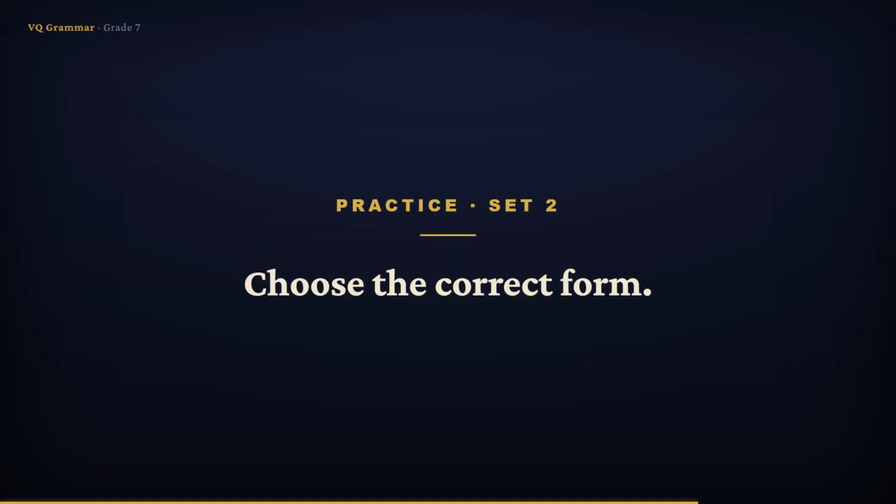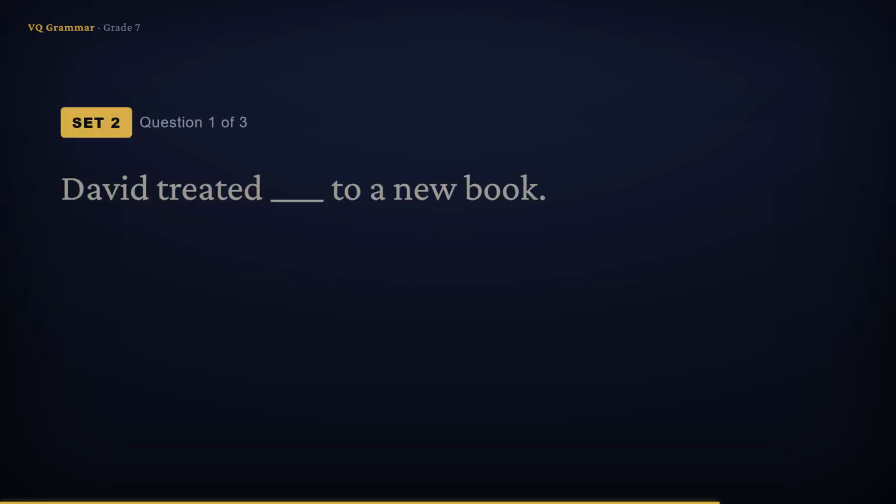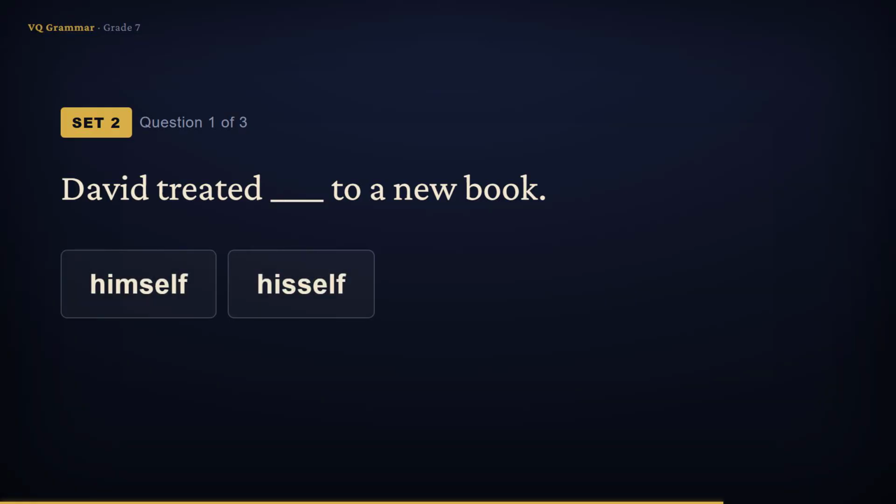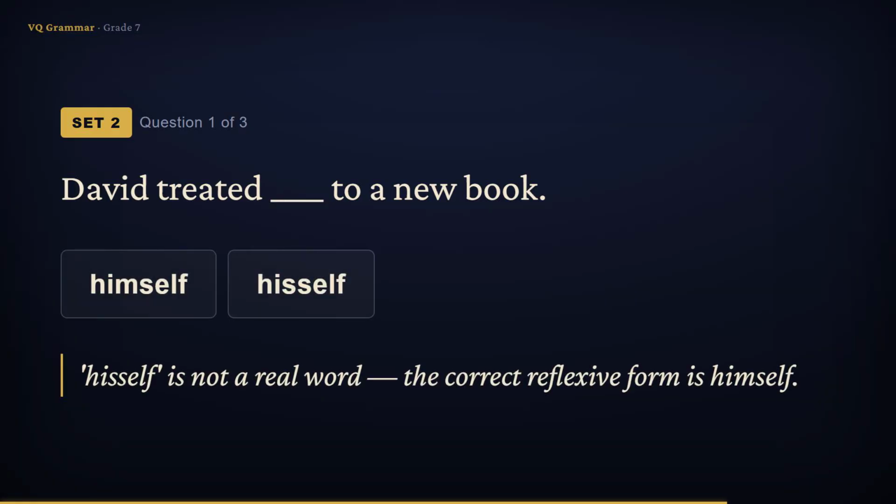In this second set, we'll focus on choosing the correct word. Remember that some self words you might hear are not real words at all. Pause and pick the right form before I answer. David treated blank to a new book. The pronoun points back to David, so we need a reflexive form. Careful though, hisself is not a real word.